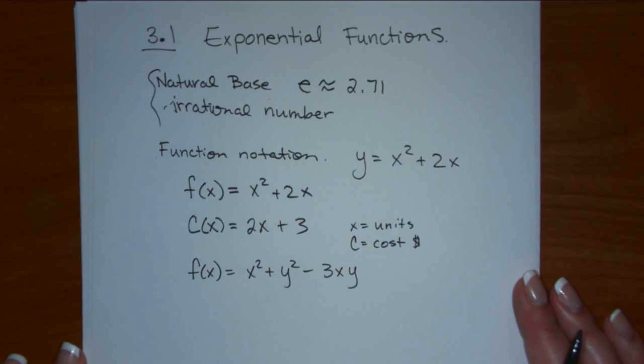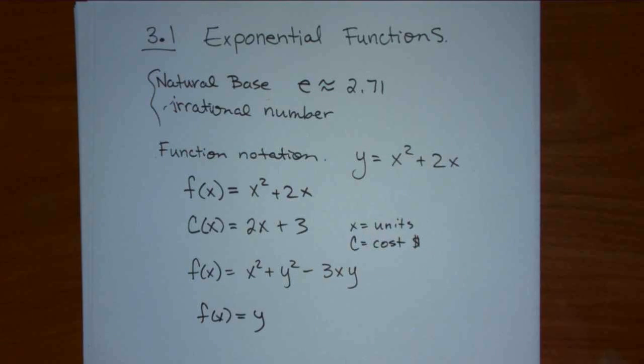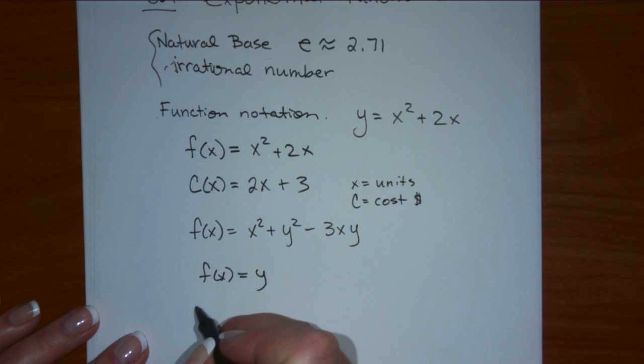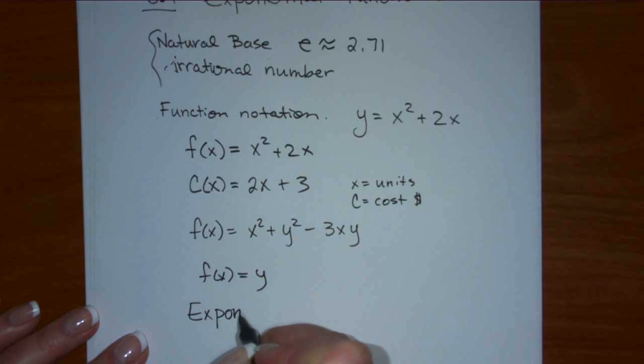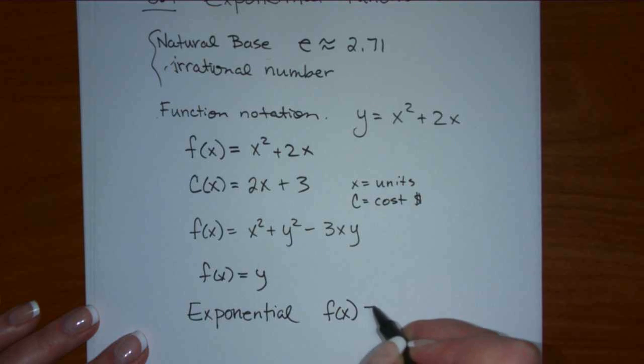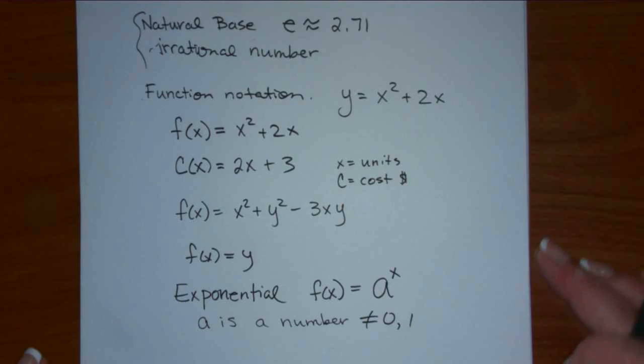Okay. So function notation. So f of x is the same as y. It's just a different way to write it. So an exponential function is a function of the type a to the x, where a is a number not equal to 0 or 1, because what's 1 to any power?